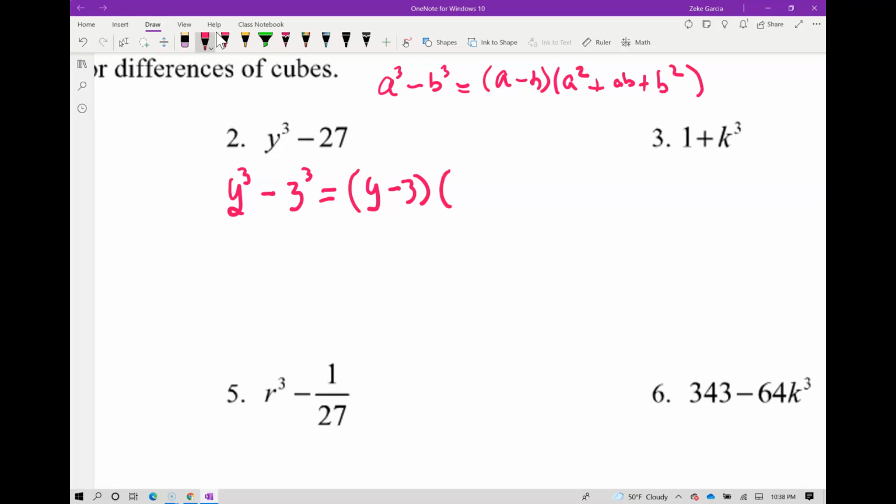And so your second factor is going to be a quadratic factor. So you have y squared plus, what do you do with y and 3? You multiply, so it's 3y. And then your 3 is going to be 3 squared, which is going to give you 9. And those are your factors. There's your linear factor. And there's your quadratic factor.